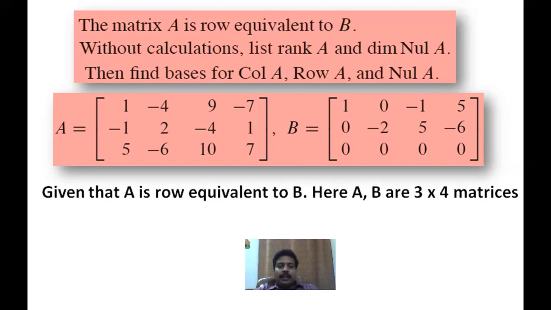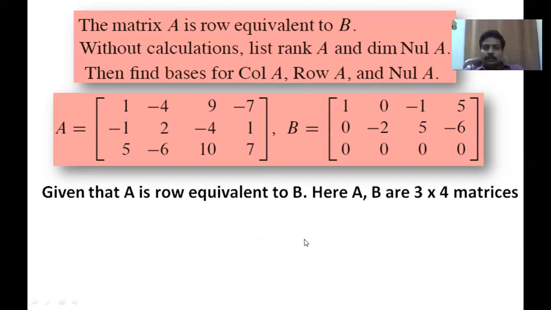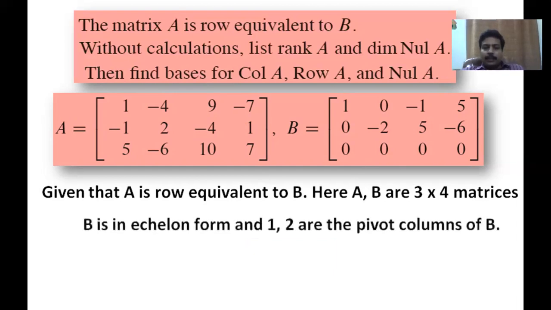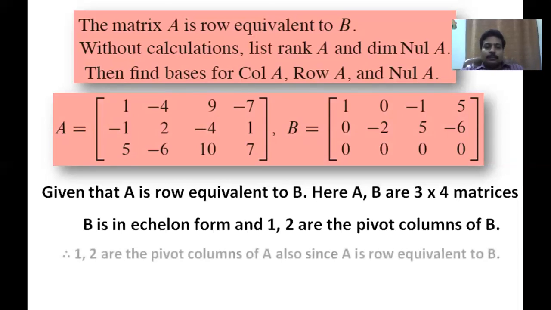So given that A is row equivalent to B, and you can observe that A and B are 3 by 4 matrices, and B is in echelon form, and 1, 2 are pivot columns of B. So 1, 2 are the pivot columns of A also, since A is row equivalent to B.